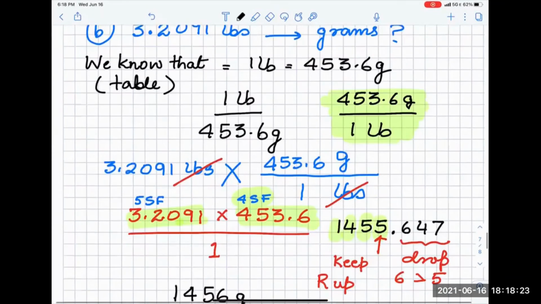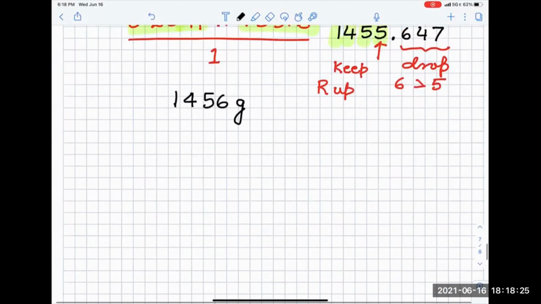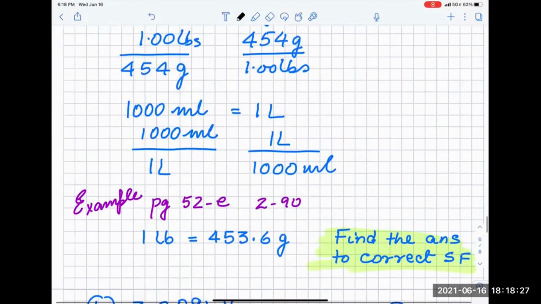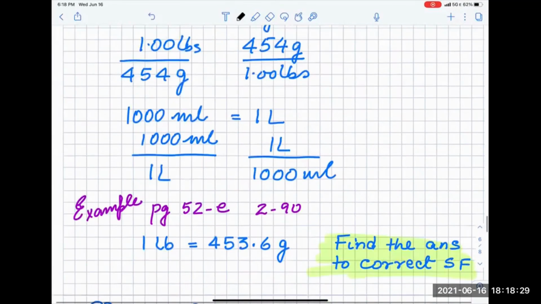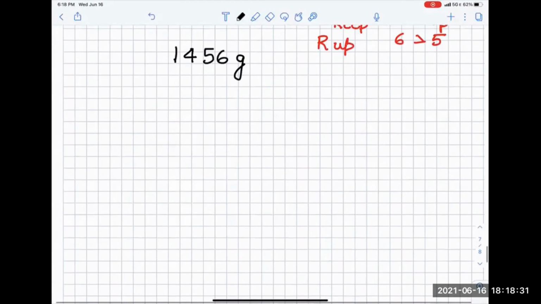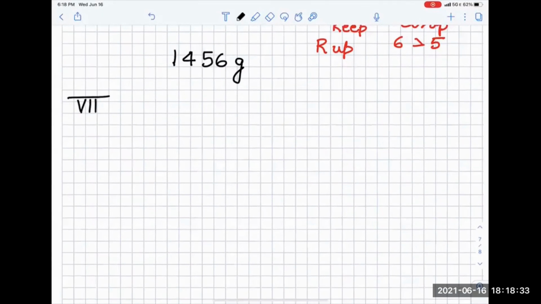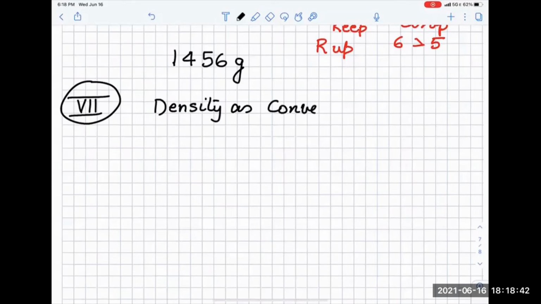Density as a conversion factor. So this is number 7. So here's the density as a conversion factor.